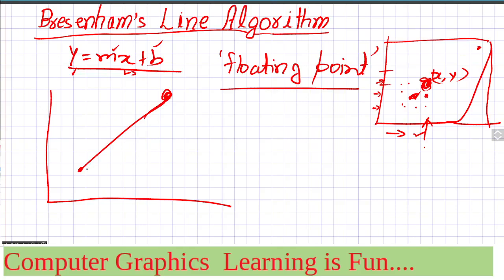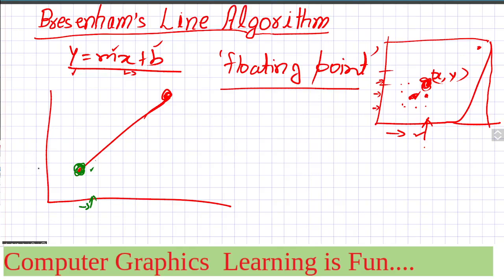Here the line is really nice. Now you have to decide. Suppose you have already selected this position, this is a pixel. Now you have to choose the next pixel. For the next x, either you will have this pixel or this pixel.